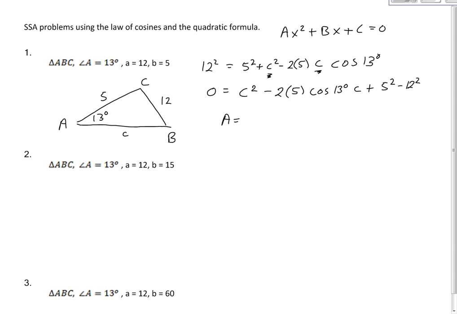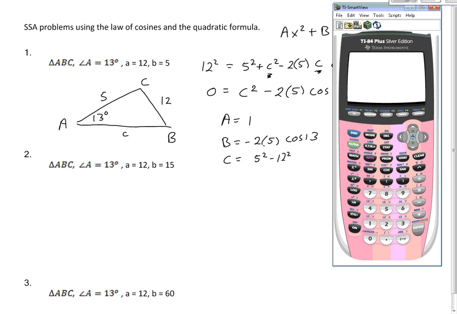We've programmed the quadratic formula in our calculators, and I'll pull that out in a second. But just to be really clear, I'm identifying that b is negative 2 times 5 times the cosine of 13. C is equal to 5 squared minus 12 squared. And we can just leave them like that because our calculator is really good at doing arithmetic.